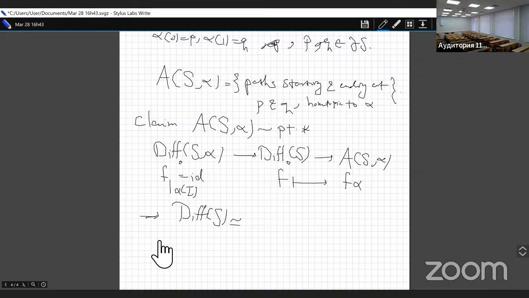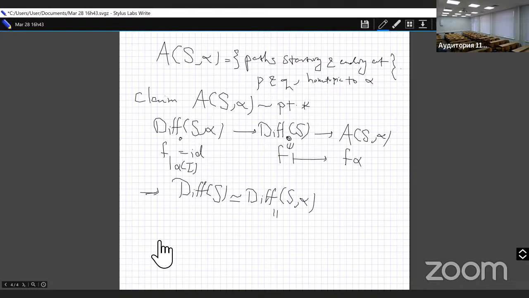Because F is in the component Diff-naught. If F was not in this component, it wouldn't be homotopic to alpha. So this is nothing but Diff of S minus alpha. This reduces the case to the disk, and for the disk we know that it is contractible. After the break, I'm going to prove it.